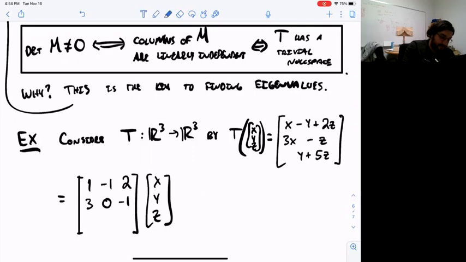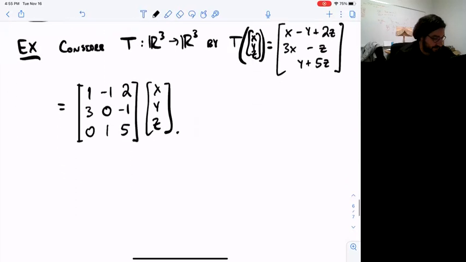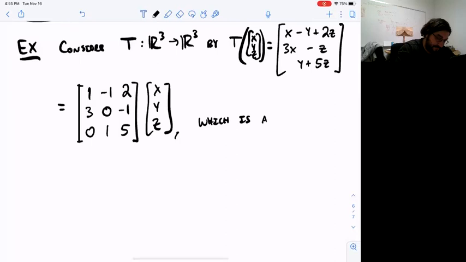Once again, these are the values I would need to take a dot product of that row with that column and end up with the formula 3x minus z. And similarly, 0, 1, 5. So here I have this map, this linear transformation. So it is a linear transformation, because I represented it as matrix multiplication.